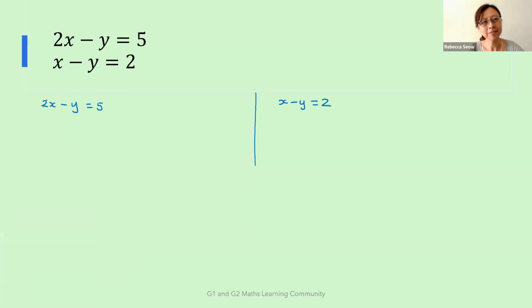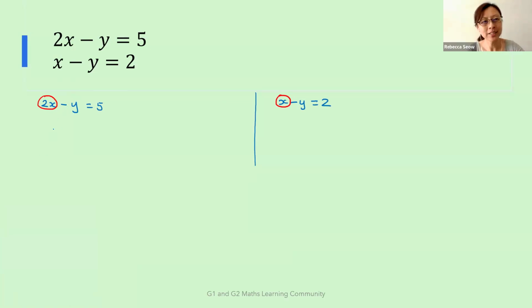Next, let's identify the x terms that we want to leave on the left-hand side of the equation. Once we identify the x terms, everything else that's on the left-hand side of the equation, we do not want it there. We move it over to the right side of the equation.